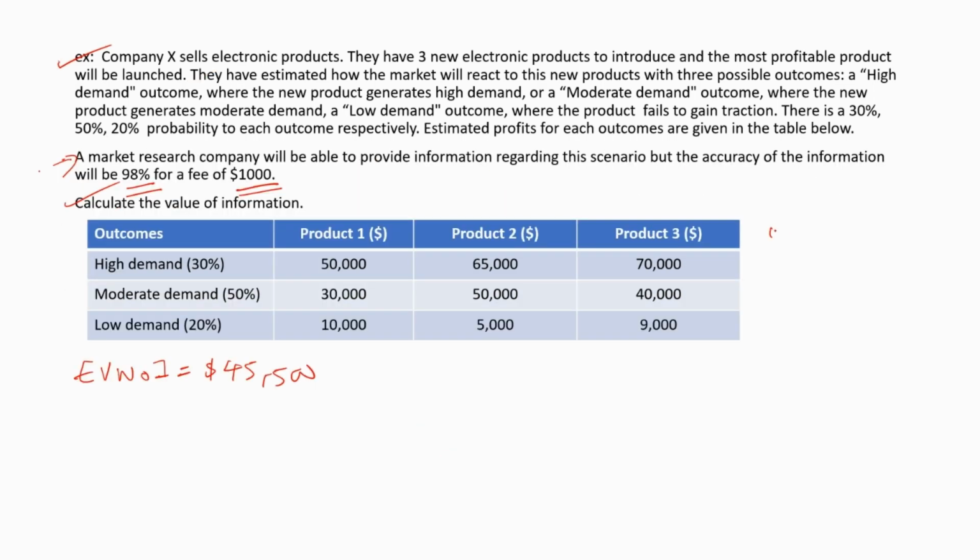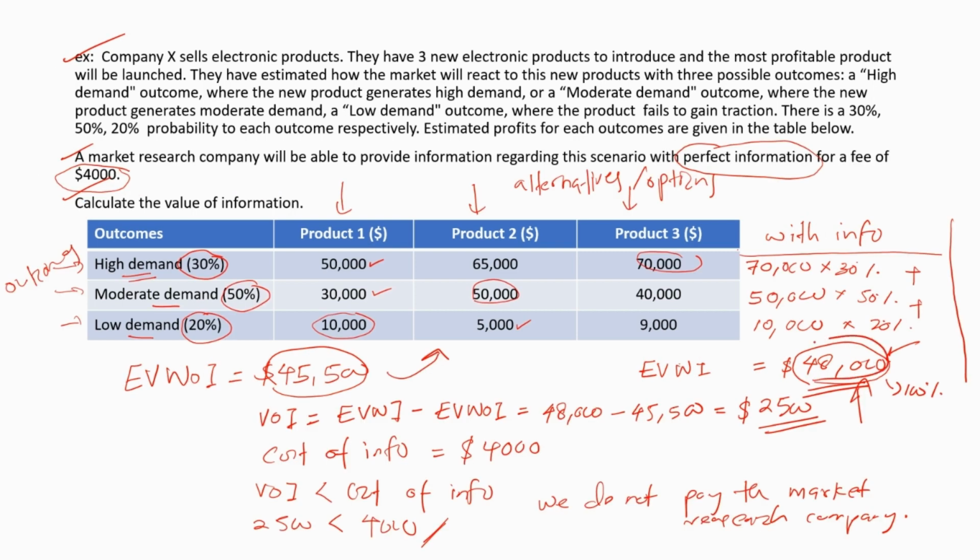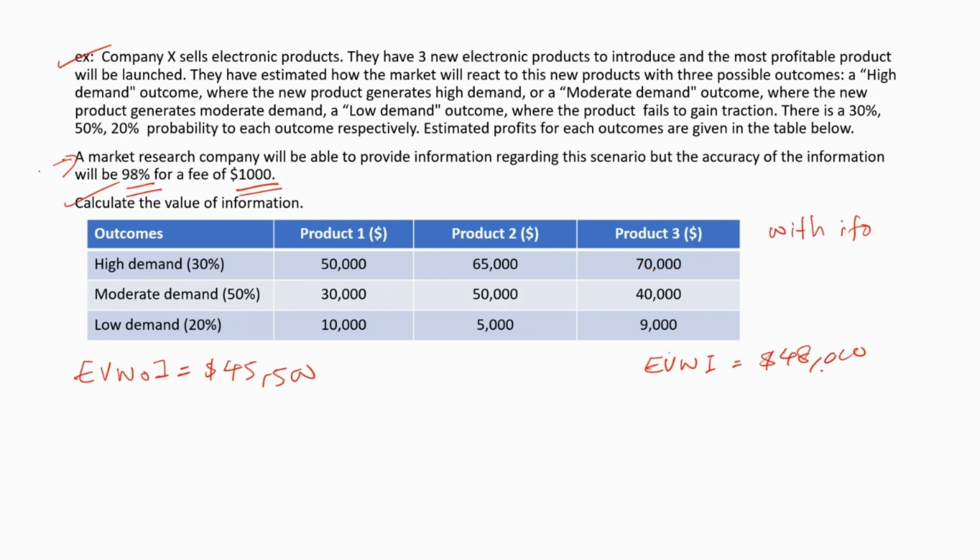And we have to calculate the expected value with information. So the expected value with information is equal to 48,000. This is the same as before, which is this value. But here we cannot use this 48,000 as it is, because they are telling us this information is not perfect, which means this is not 100% certain. The information is only 98% certain.